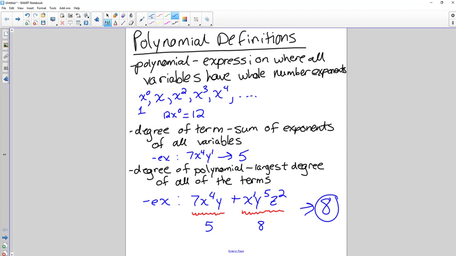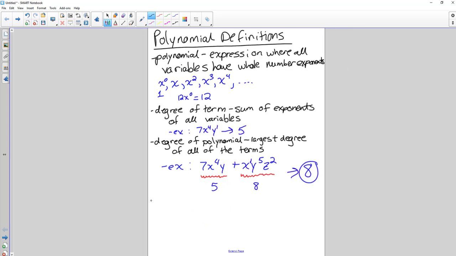Okay. And not always are we going to have x's and y's. I'm just doing that example to kind of fully point out the example. We'll do some more common basic ones in a minute. A few more definitions first though. Descending order.